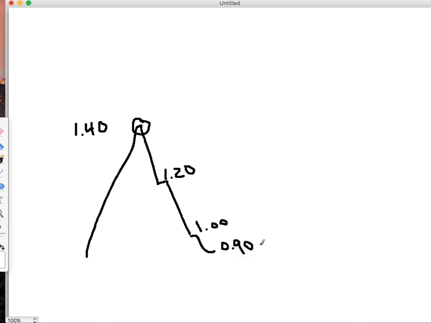Because people's memory remembers this area, and they say, remember last time when it was 90 cents, it rose all the way up to 1.40. It can probably do that again, right? Remember in the last video I was talking about opportunity cost?